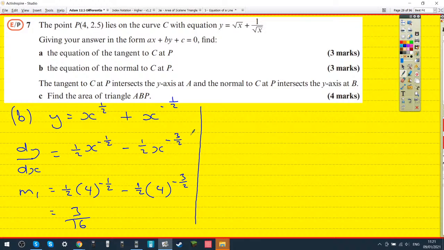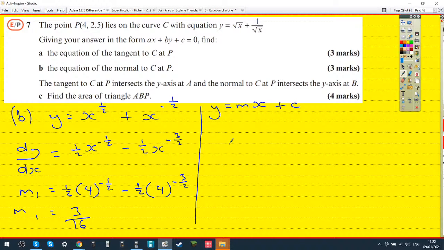Oh, so it's y equals mx plus c. Yep. So would it be y equals 3 over 16x plus c? But we don't know what y is yet. We sure do. Oh, it's 2.5.